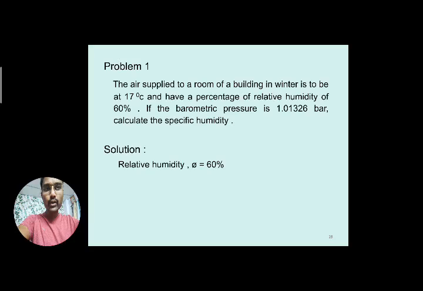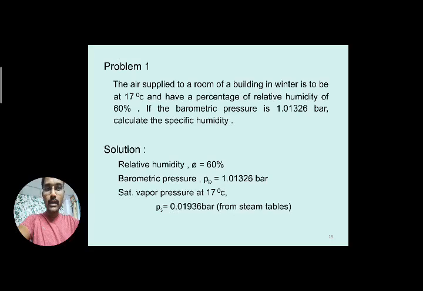You know that relative humidity is represented by phi and expressed in percentage, that is 60%. Barometric pressure is given, and the saturated vapor pressure at 17 degrees centigrade you can note from the steam tables. For water vapor at 17 degrees centigrade, the saturated pressure can be taken as 0.01936 bar.